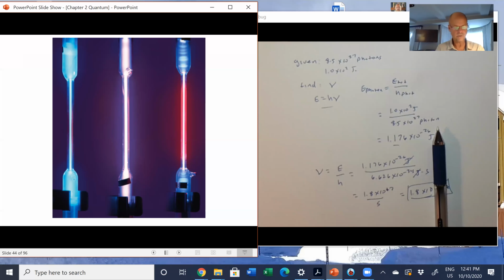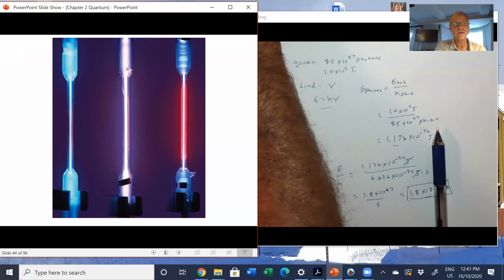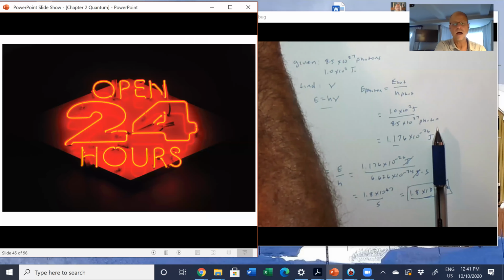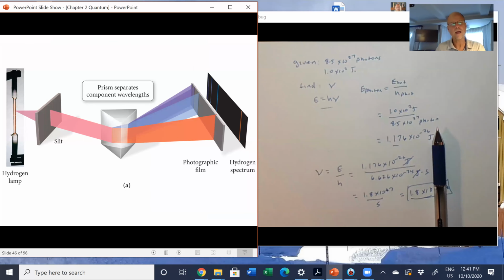And what was discovered was that that light was not continuous like a normal electromagnetic spectrum, but rather was at certain wavelengths only.